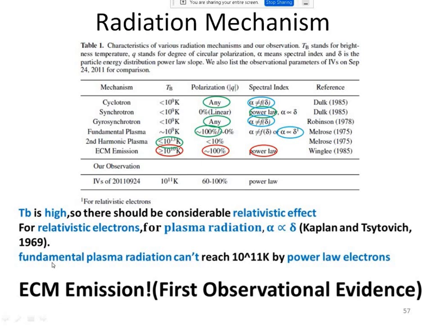So for fundamental plasma emission, the brightness temperature can't reach 10^11 by power law electrons. They can be higher if the distribution of the electrons is not power law. So we conclude that this is ECM emission, generated by ECM emission for such a high brightness temperature.